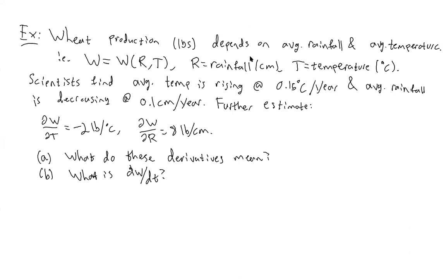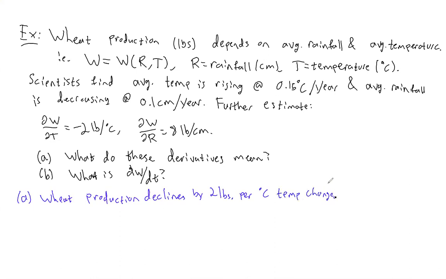So the answer to this first problem is that wheat production declines by 2 pounds per degree Celsius of temperature change, and increases by 8 pounds per centimeter of rainfall.